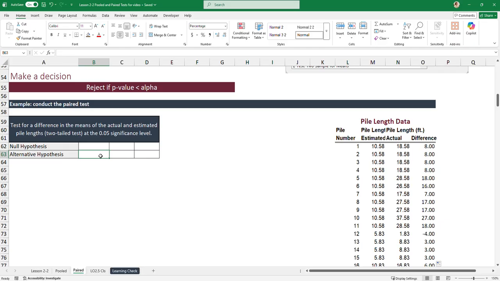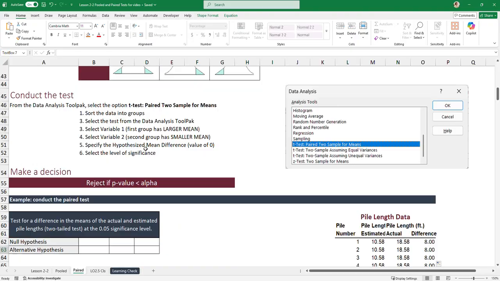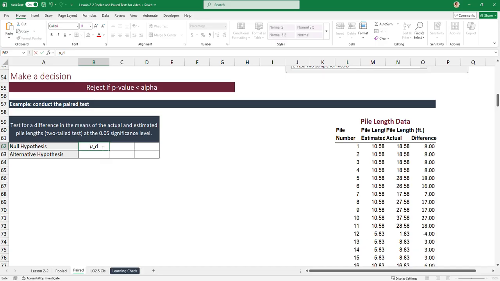For the null and alternative hypotheses for a paired test, you can always write them with this mean of the differences symbol. So I'll type that in. Mean of the differences will be what's in your null and your alternative. So anytime you're doing a paired test, mean of the differences is what you put as your symbol.